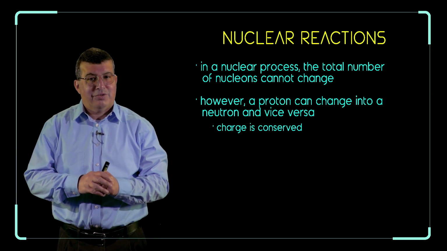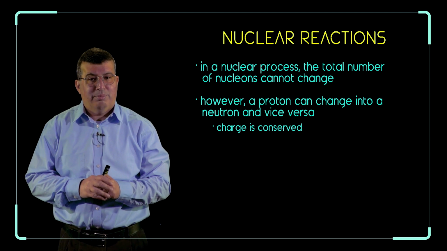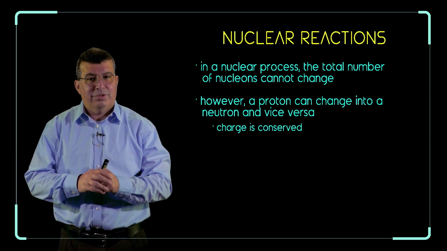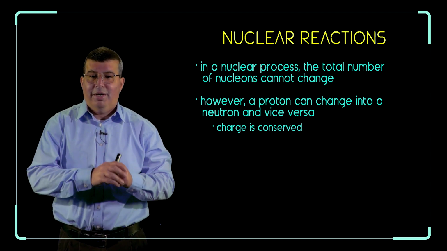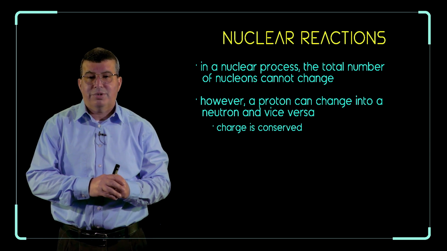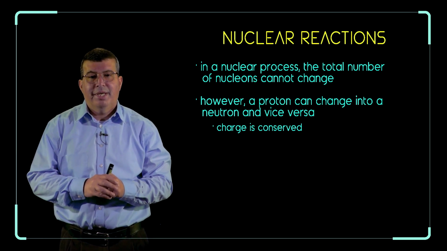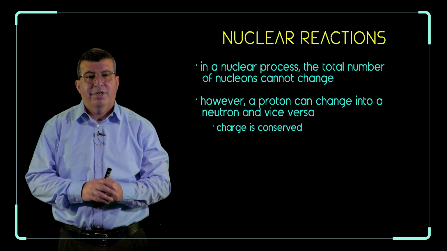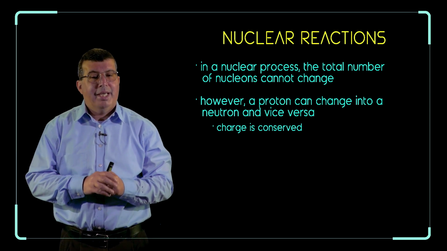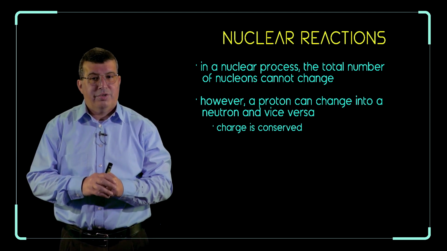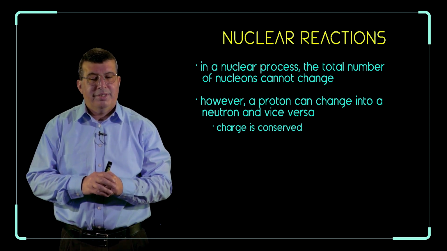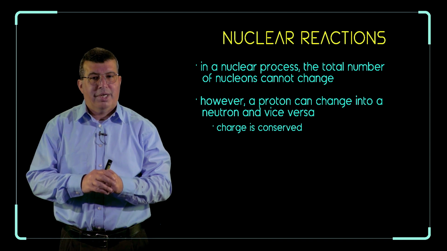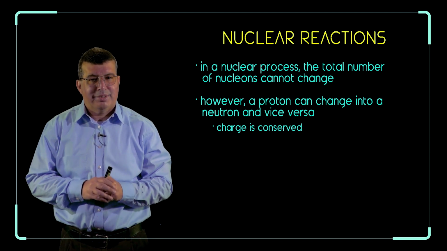However, it doesn't satisfy the charge conservation rule because we started off with a neutral neutron and it turned into a positive proton. So we started off with zero charge and we end up with a positive charge. So what that tells us is that in that process, we also have to create an electron to conserve our total charge. So it is allowed for a neutron to turn into a proton and an electron.